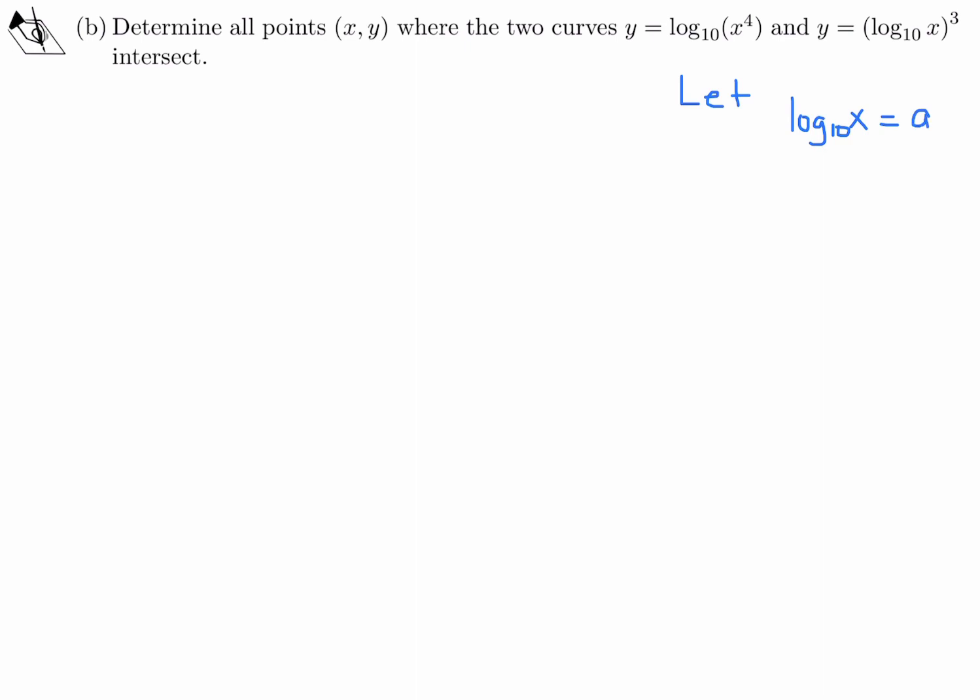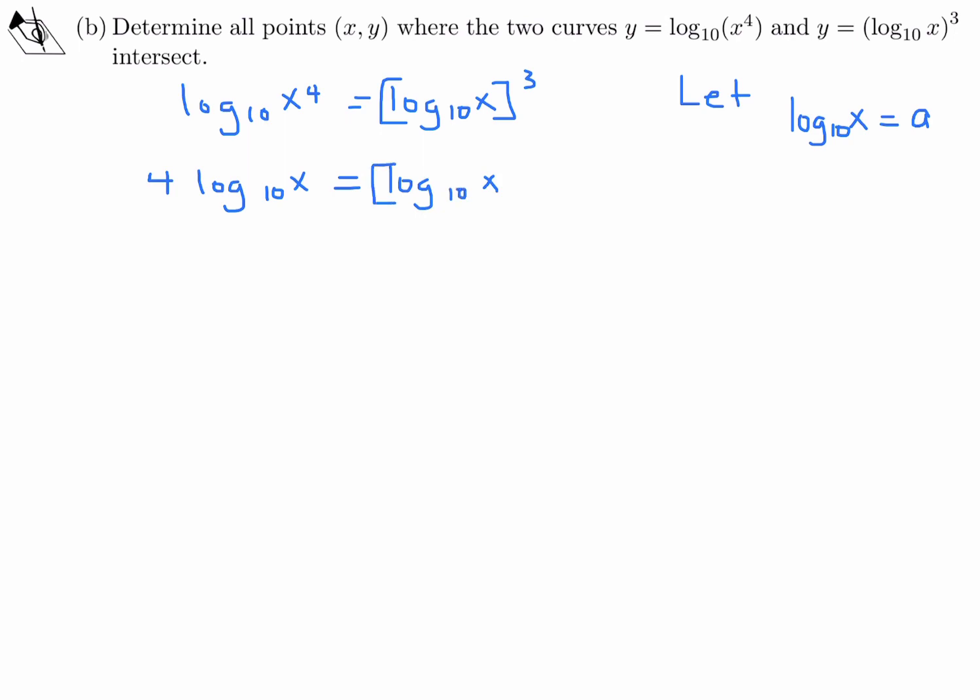So this equation, when we set them equal to each other, obviously that's how you find the intersection points. The first one is, of course, log x to the 4 to the base 10, and the other one is log of x to the base 10 all cubed. Using log rules, the 4 comes out front, and then you just get log of x to the base 10, and this is essentially the same.